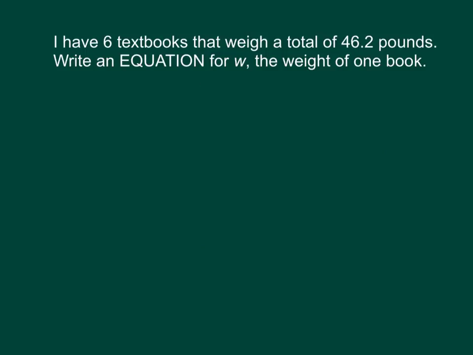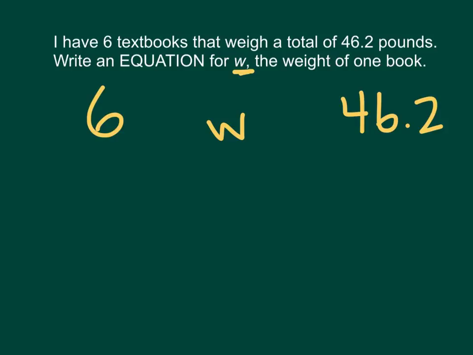If I have 6 textbooks that weigh a total of 46.2 pounds, write an equation for W, the weight of one book. So I'm just writing an equation. I know I have 6 books. I have to write this in terms of W, which is going to be the weight of one book, and I have 46.2 pounds.